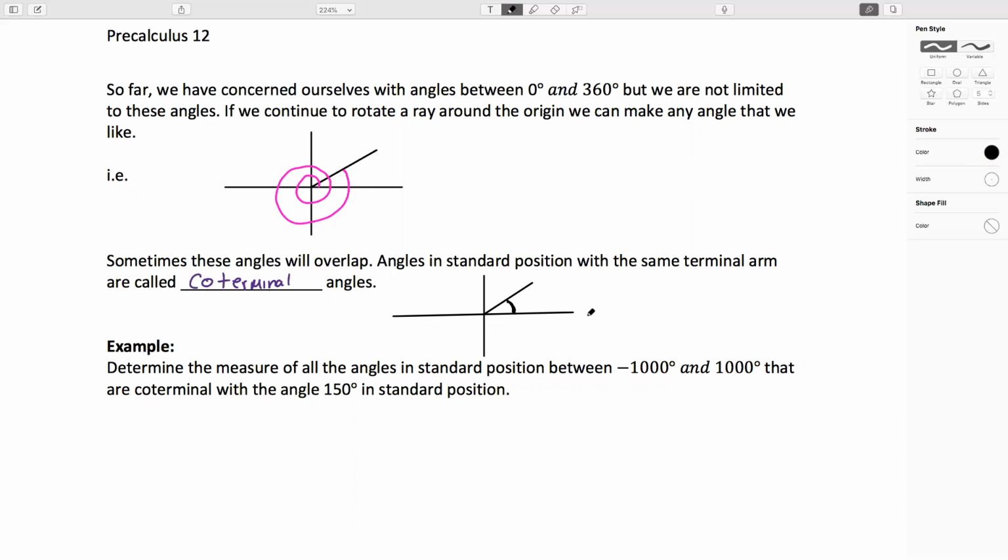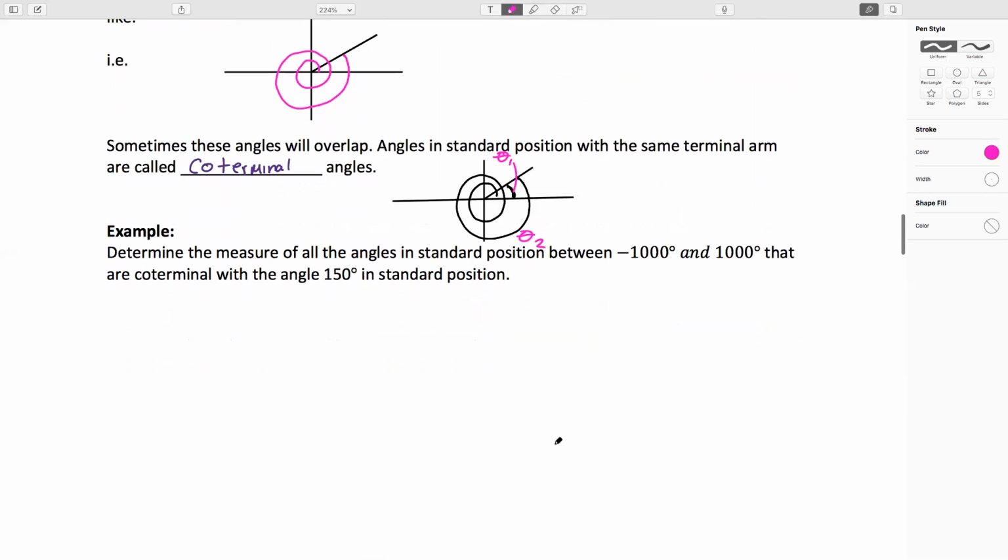One angle is going to be measured like that. And since this ray shares two different angles, we could call this one theta 1, we could call this one theta 2. These are coterminal. So theta 1, theta 2 are what you call coterminal angles.